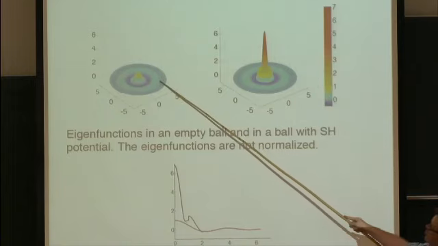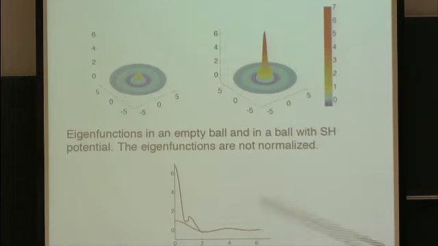So the eigenfunctions coincide here. This is the picture on one radial axis. So here they coincide. These are non-normalized eigenfunctions, so the L2 norm is not 1. This red one is the empty space Green's function. This here is the Schrödinger hat eigenfunction.